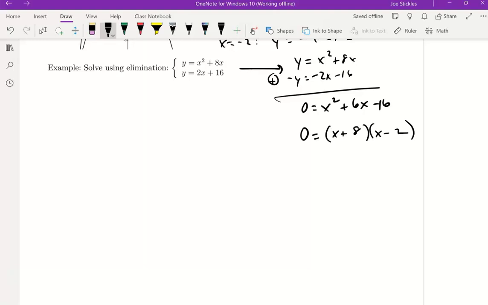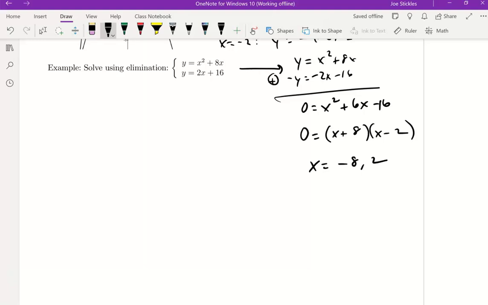That'll work. So what are your two solutions for the x then? -8 and +2. Good. What do we do with each of those then? Plug them into one of the equations, right? Doesn't matter which one. As a matter of fact, it's a good check that if you plug them into either of them, you should get the same answer, because if we think about these as graphs, it's where these graphs should be intersecting each other.